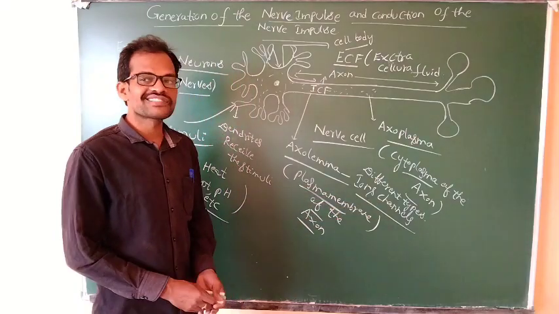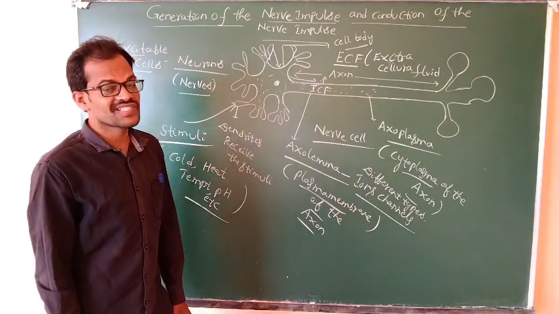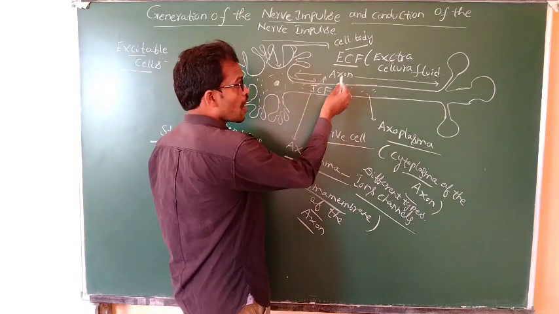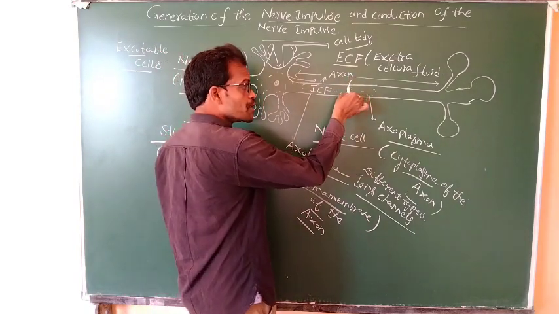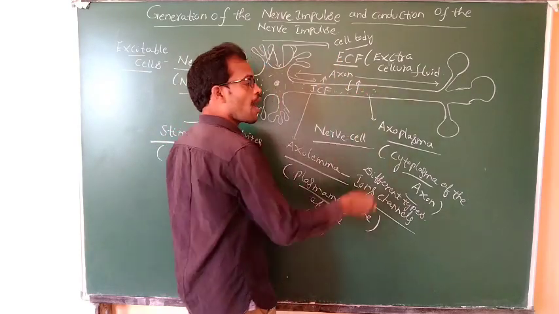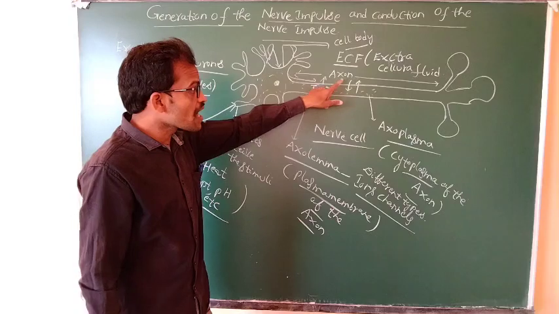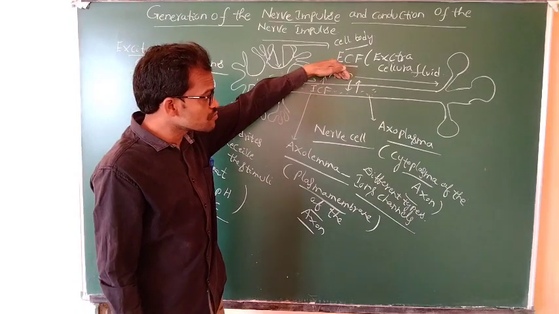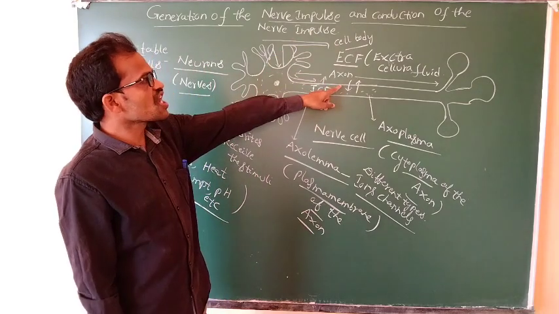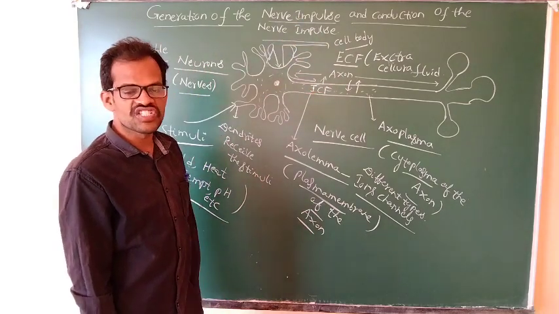These ion channels are permeable to ions. For example, ions move from outside to inside and from inside to outside. Whenever these ions move in and out, they generate a nerve impulse.